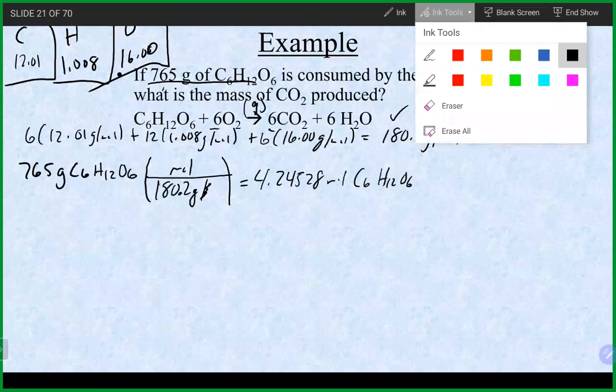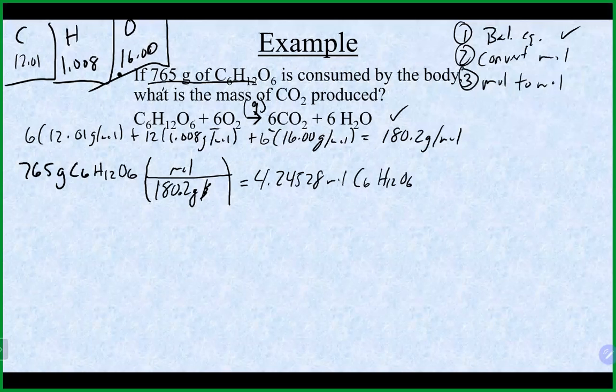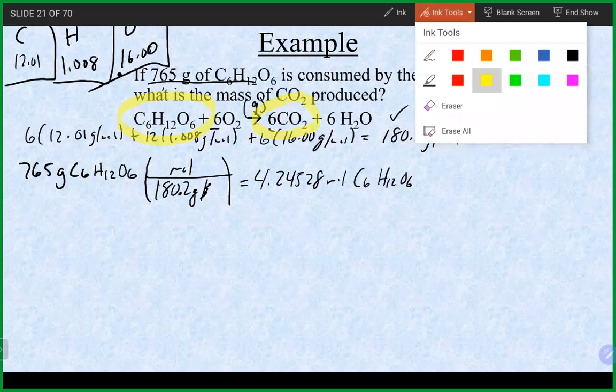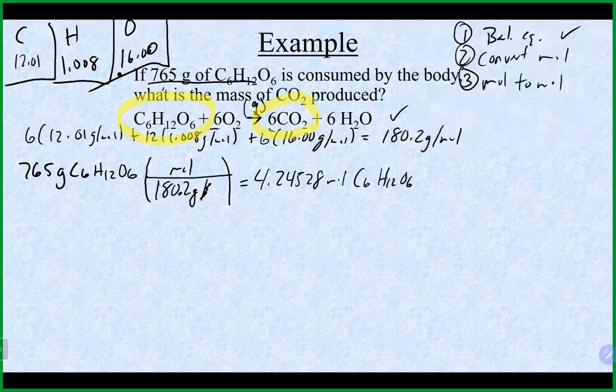Remember, it is the thing that was given to you, which was this guy, and it is what we're trying to find, which is our CO2 here. So in this case, once again, just getting the coefficients, it tells us for every 1 mole of C6H12O6 we toss in there, we're going to get 6 moles of CO2 out.